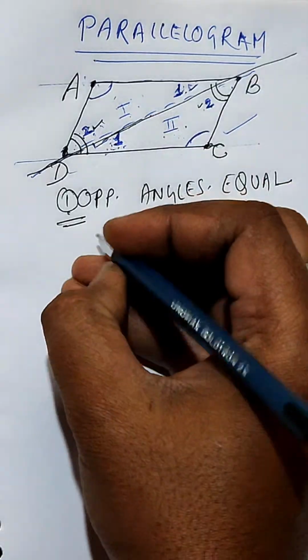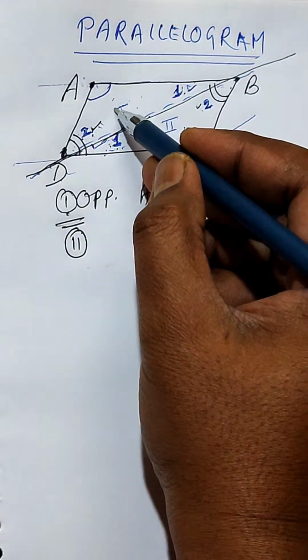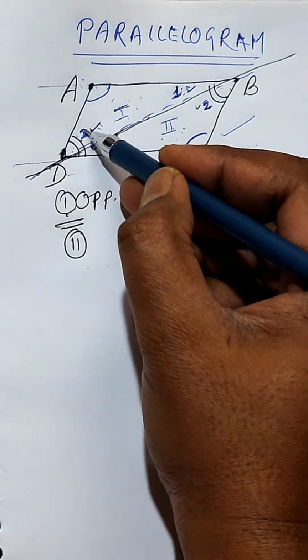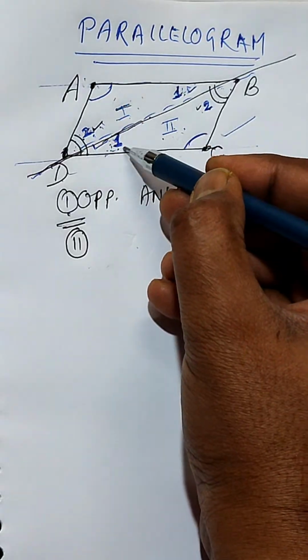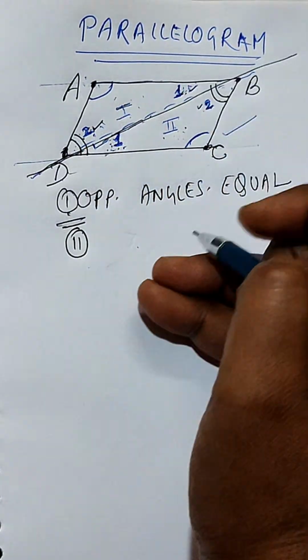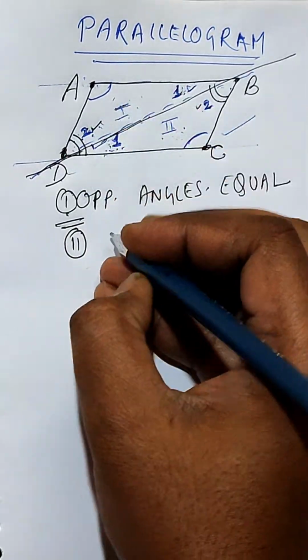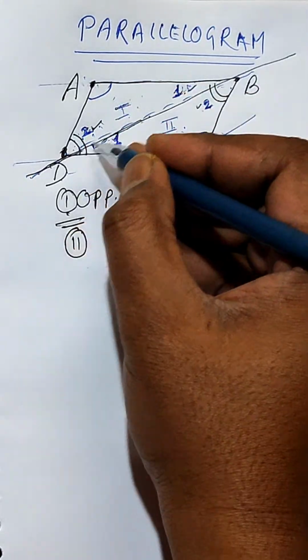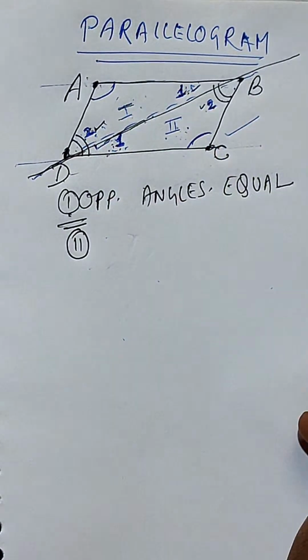So this is also a theorem which can be proved. I have shown you the proof. ASA: angle 2 is equal to angle 2, angle 1 is equal to angle 1, and this BD is the common side. So by ASA we can prove that area of triangle ADB is equal to area of triangle CBD.